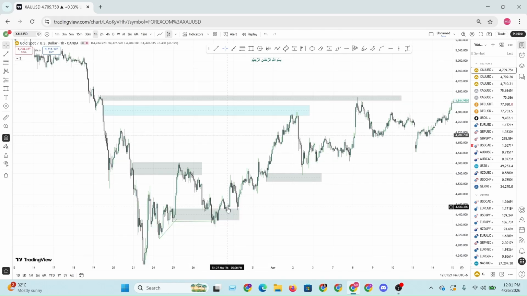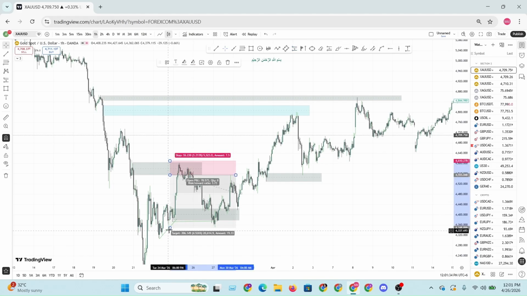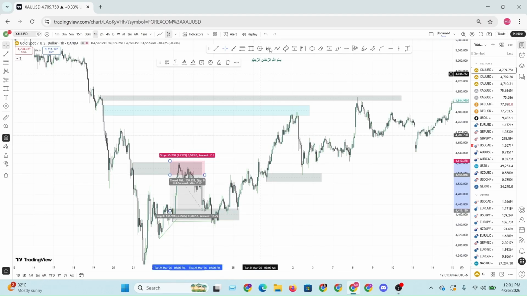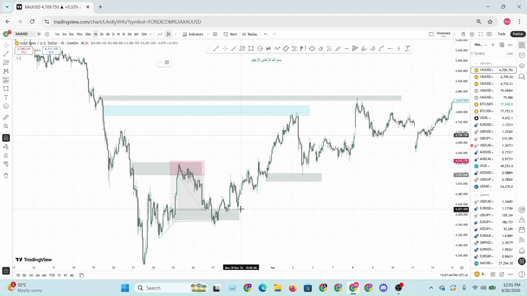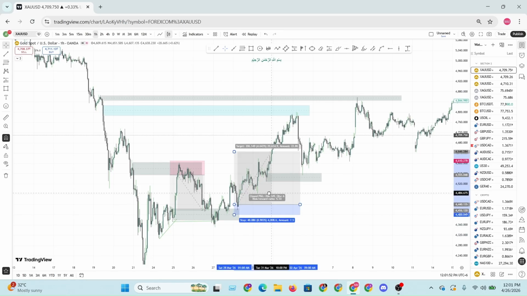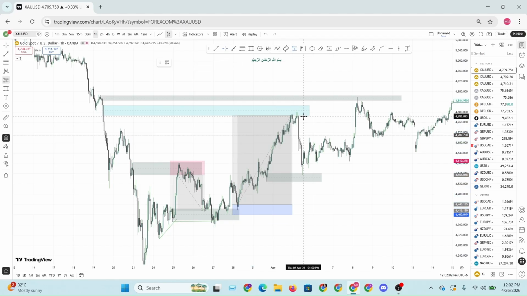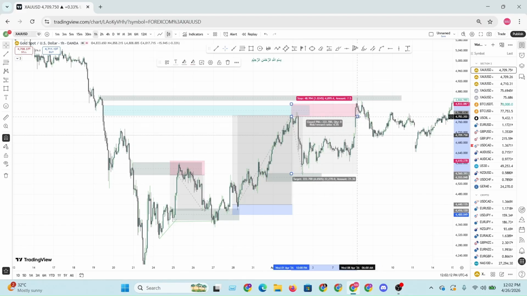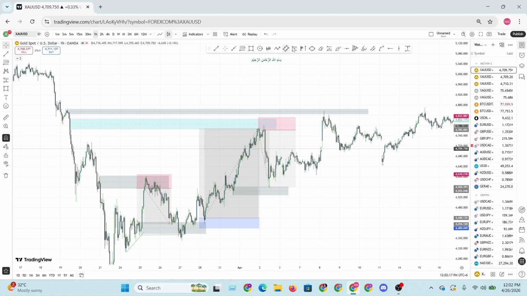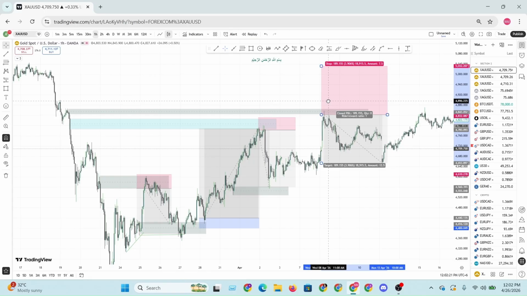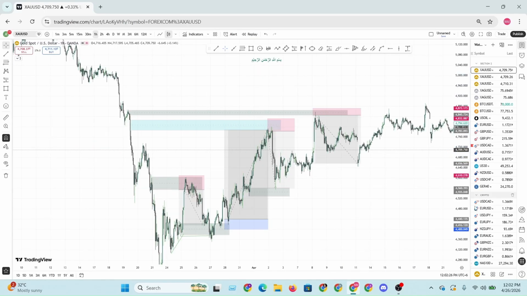So you can plan trades like this. Okay, I think you will understand what I am trying to say. We trade like this, zone to zone.